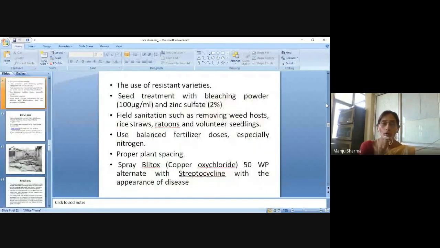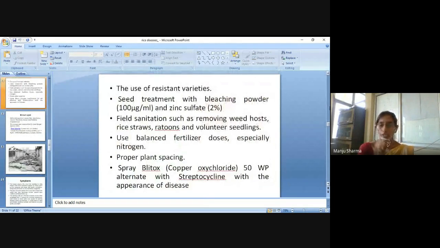So how can we manage the disease? Use resistant varieties, and seed treatment with bleaching powder at 100 microgram per ml and zinc sulfate at 2%. Field sanitation, such as removing weed hosts, rice straw, ratoons, and volunteer seedlings.